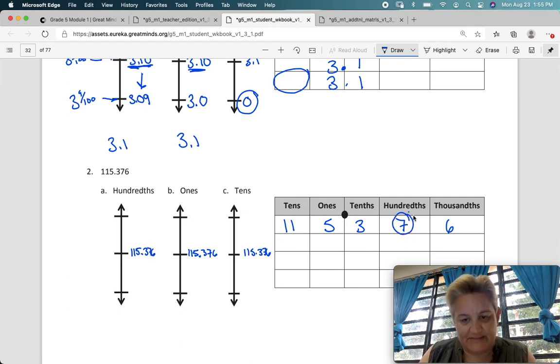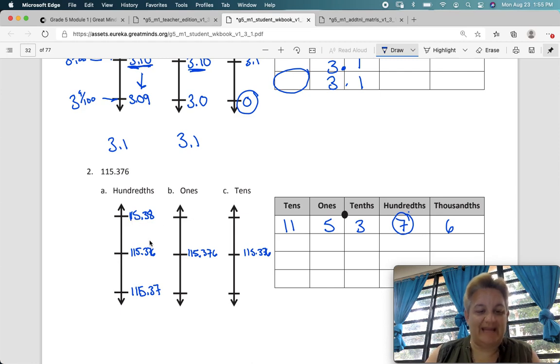That's the nearest hundredths. So our next nearest number would be 8, and the bottom number would be 7, okay? So 115 and 37 hundredths, or 115 and 38 hundredths.